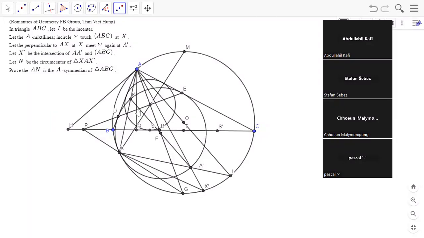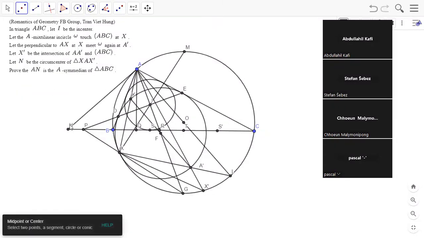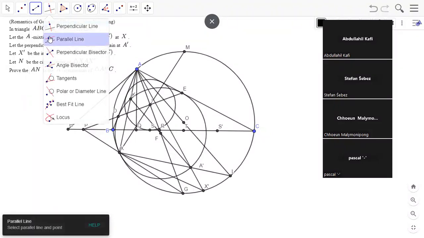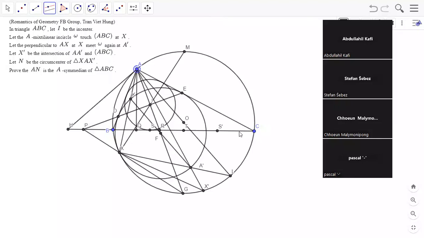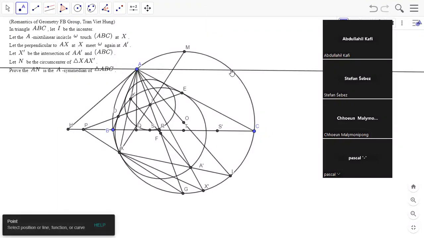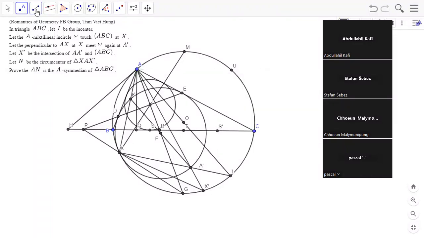H being the orthocenter. So you take the line through A perpendicular to BC and intersect it with the circle, and H goes to U. So we want to show that H, X, and X prime are collinear.